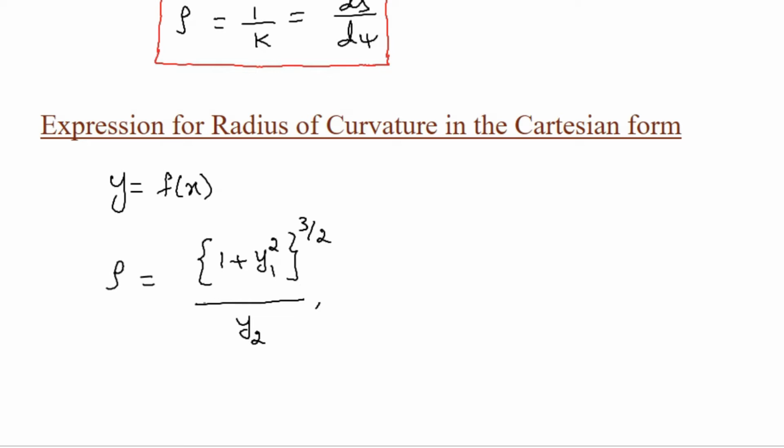So this rho value represents the radius of curvature for the curve y = f(x), where y1 represents the first order derivative, which is dy/dx, and y2 represents the second order derivative d²y/dx².